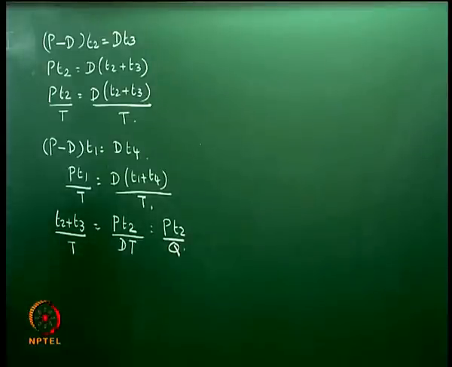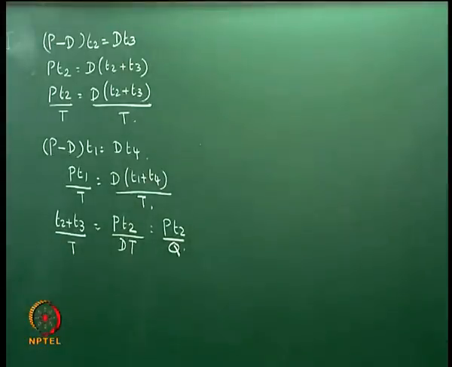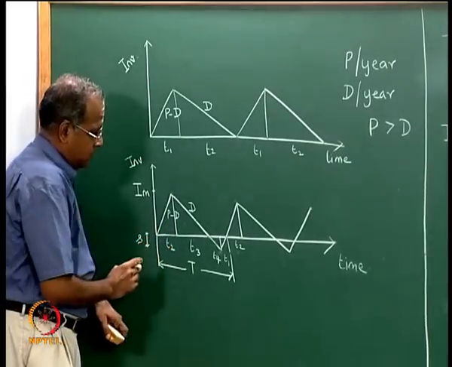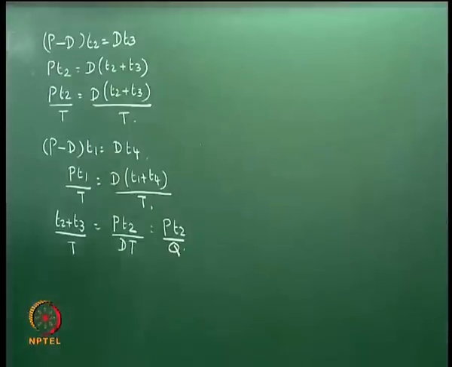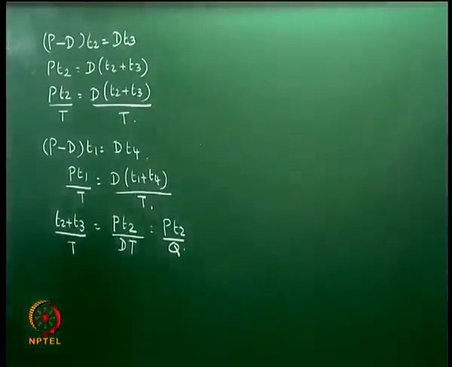Now we also have from here, we can have another relationship: (T2 + T3) by T is P T2 by T.